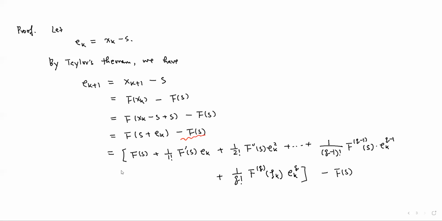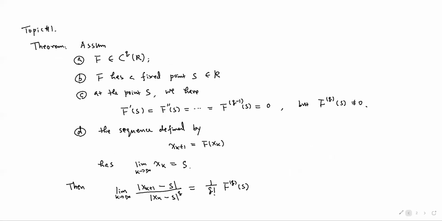All right, now some cancellations. I can cancel f of s. By assumption C, the derivatives up to order q minus 1 at s are all zeros.